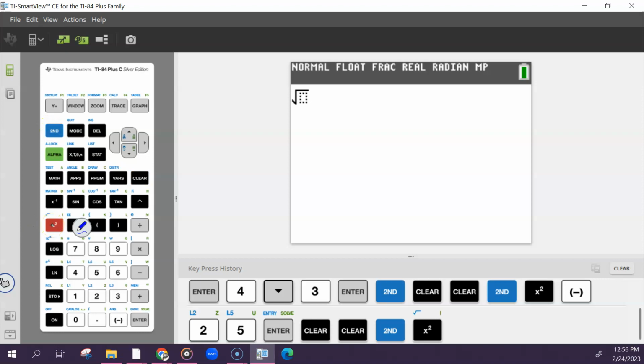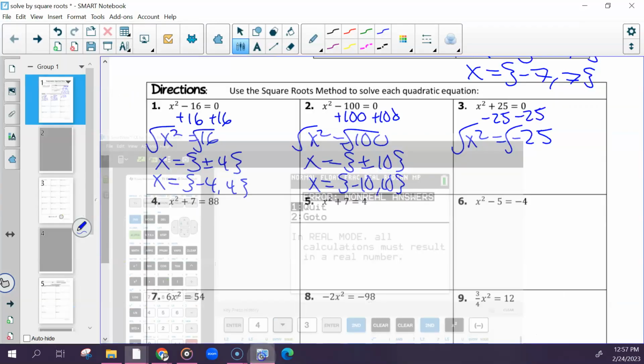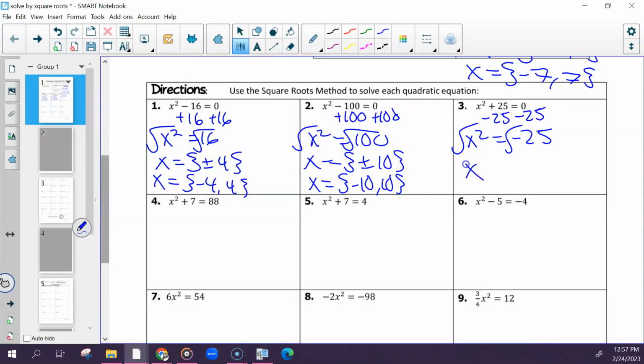Would it be undefined? Yes, it's like it's undefined, but not at the same time. Here we're going to put no solution. So in this class, we will not be able to solve when you have a negative underneath. In Algebra 2, you will go on to do that with imaginary numbers. You would just put no solution. This is the only one that does not need curly brackets.